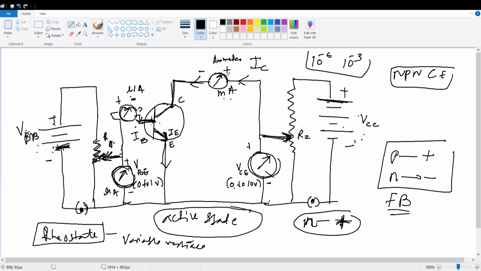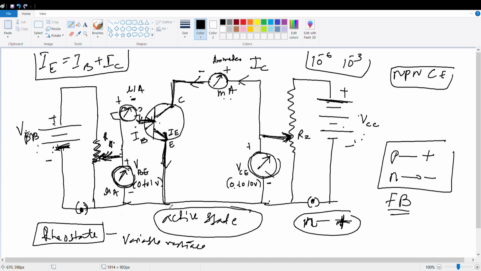I am yet to come to the topic. Please just note down whatever I am doing. And obviously IB, IC, and you also know that IE is nothing but IB plus IC. IB is going inside, IC is going inside, and both are contributing to IE.